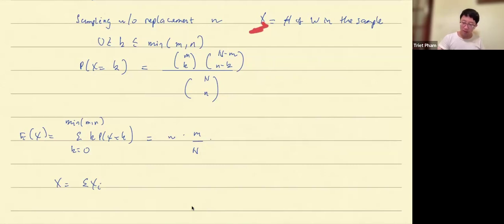So X is the number of whites in the sample. It's the total number of whites in the sample. So you're just tallying up, you're counting over the sample itself, where each term is one ball in the sample, and it will be 1 if the ith ball in the sample is white, and 0 otherwise.